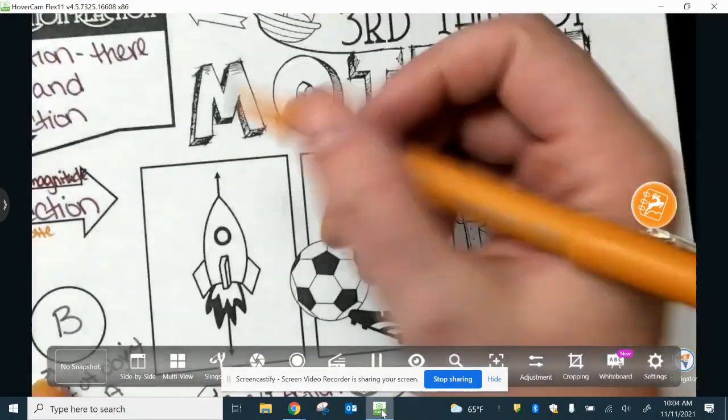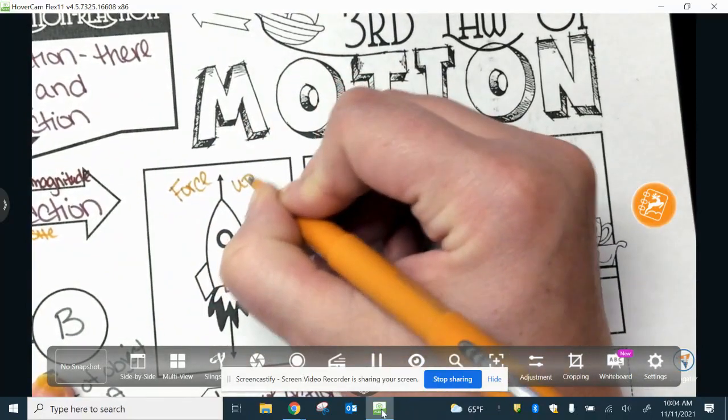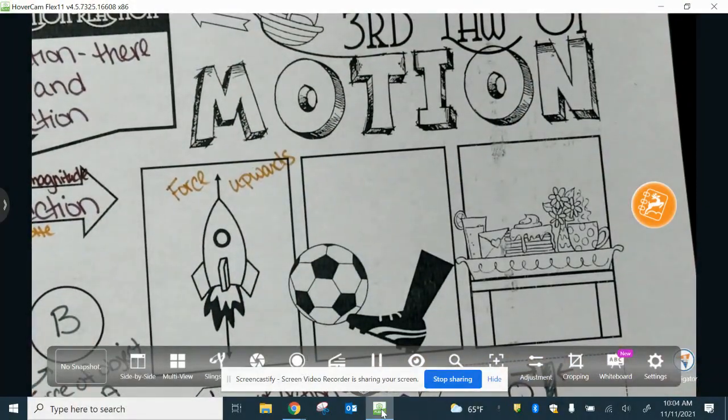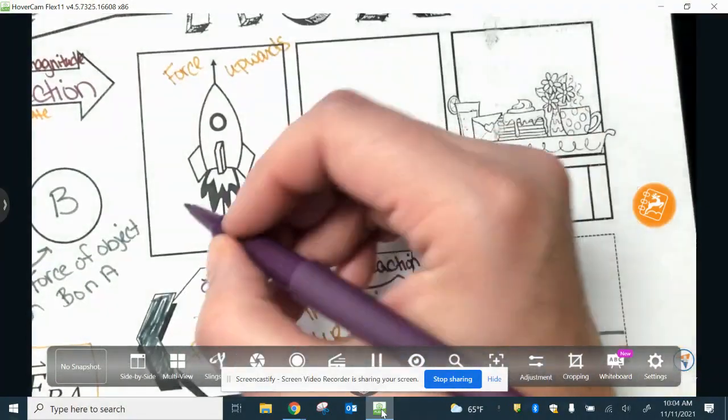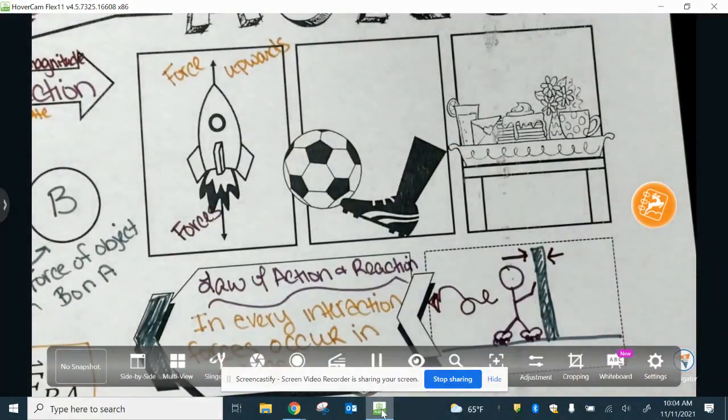So we have a rocket and it has a force upwards. And then we have a force downwards being produced as the products from that chemical reaction are being pushed out and ejected. It's usually in the form of gases.